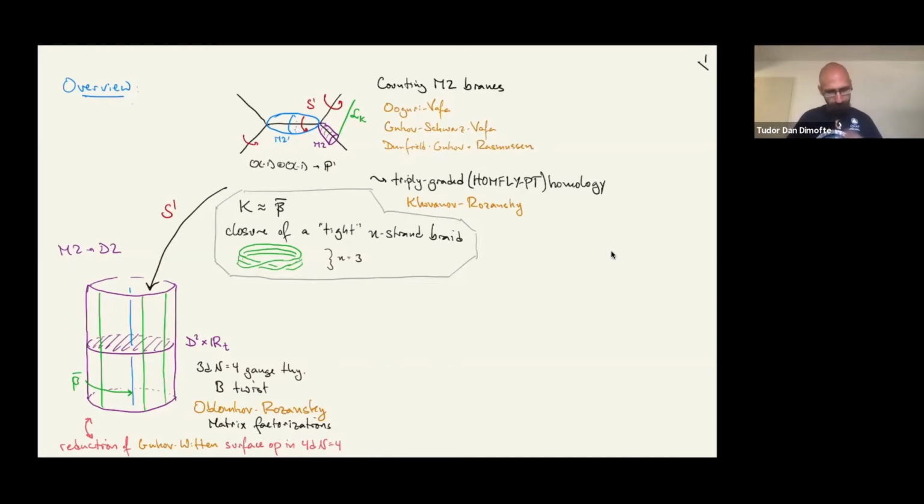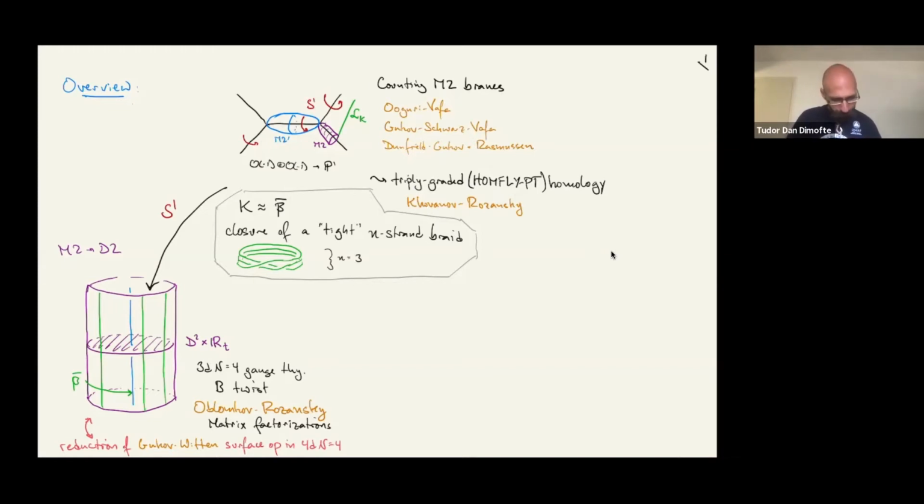Their work is based in algebraic geometry and has to do with matrix factorizations, and I will say a little bit about that, but my focus will be more on what sort of physical setup leads to this mathematical calculation.